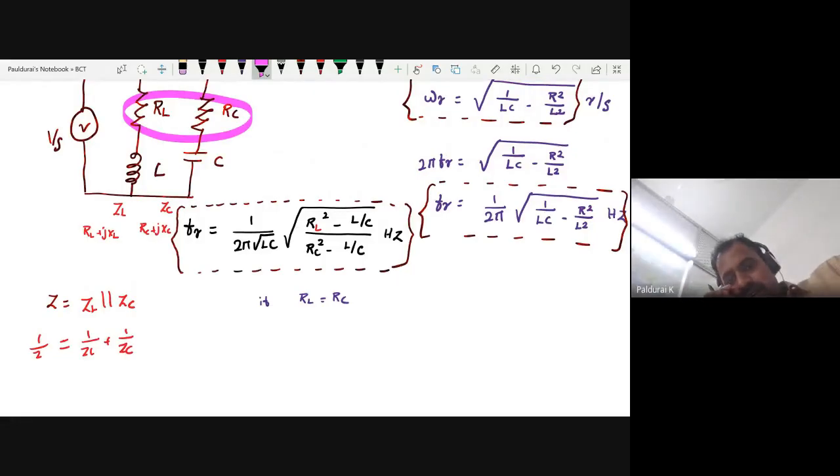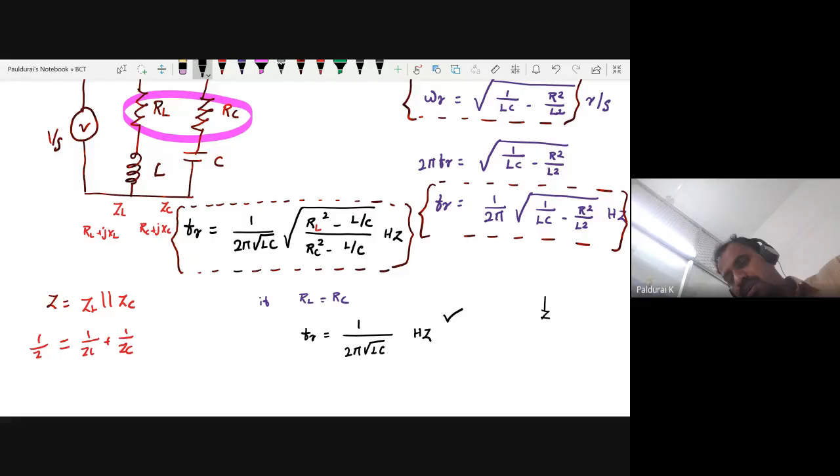If RL equal to RC, what is the resonance frequency? FR equal to 1 divided by 2 pi square root of LC. That's right. So this is the resonance frequency formula for circuit 1, right?